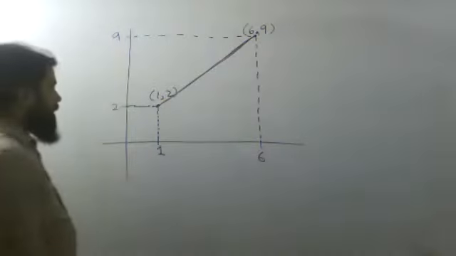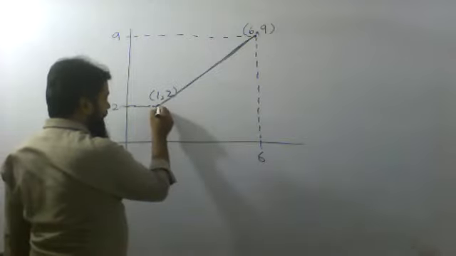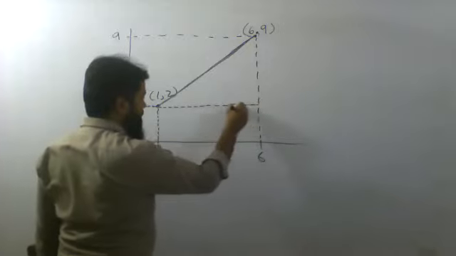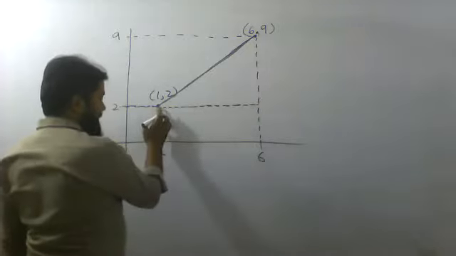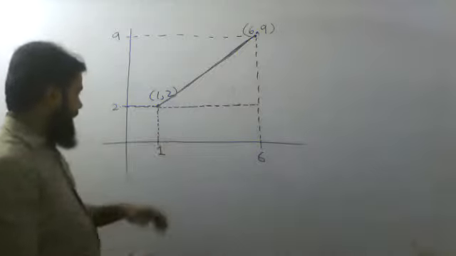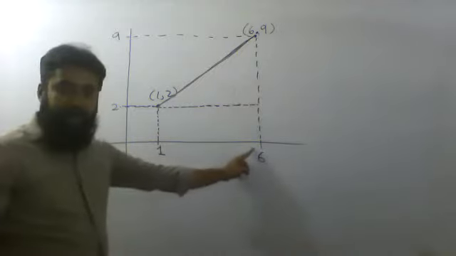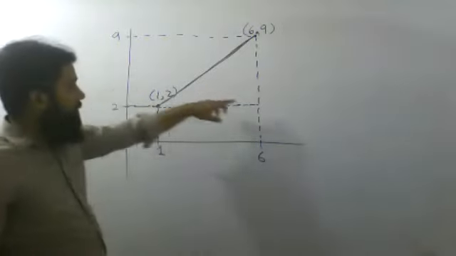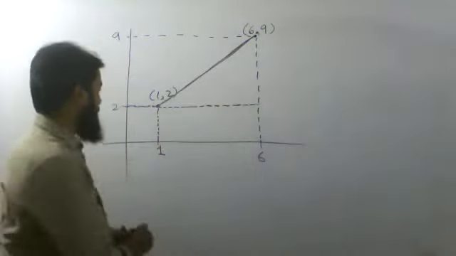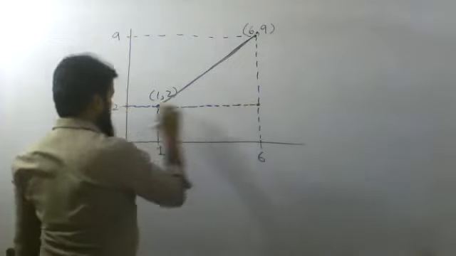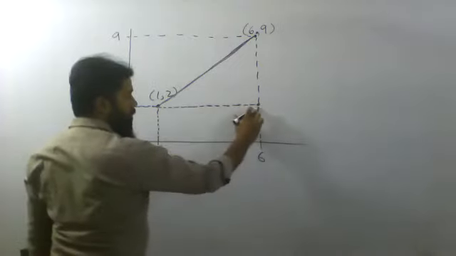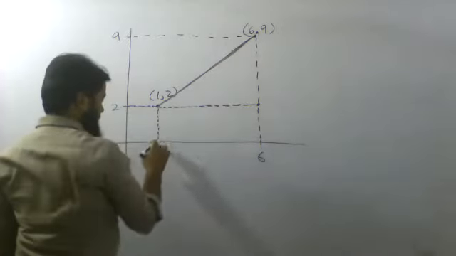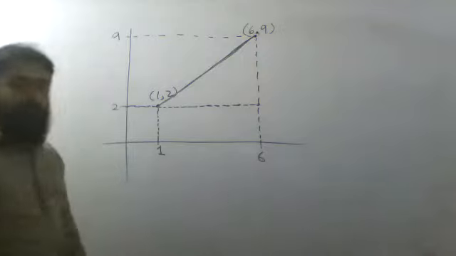So, for instance, if I'm trying to find this length, the distance from this. Now, if I am saying 1 to 6, this is also 1 to 6. 2 to 9, this is also 2 to 9, right? This whole line is 2 on the y-axis. This whole line is 9 on the y-axis. This line is 1 and this line is 6.